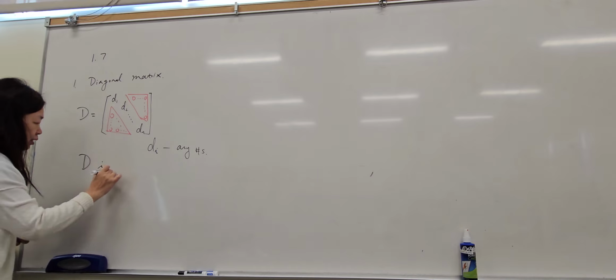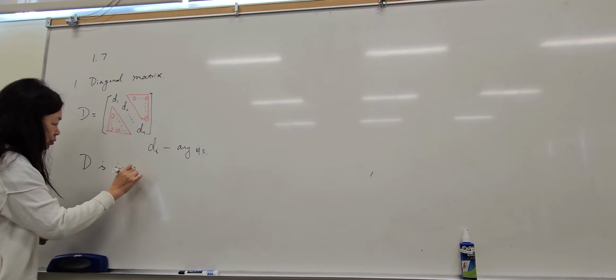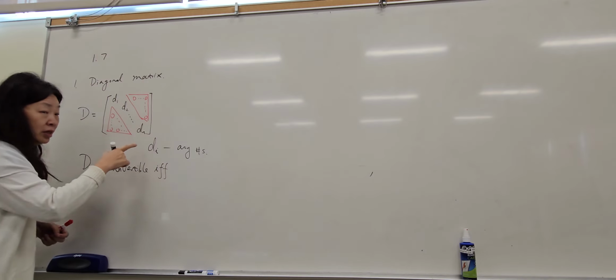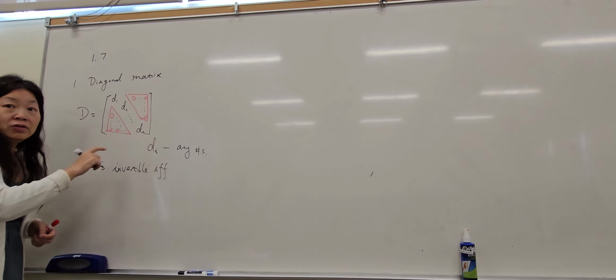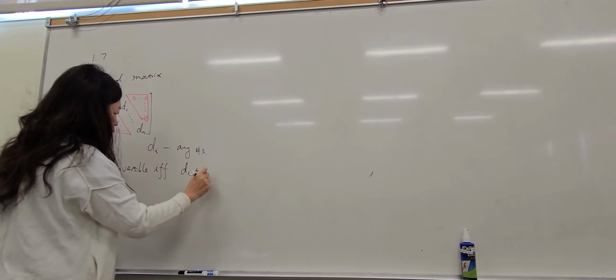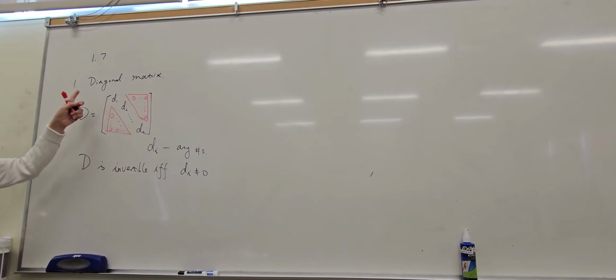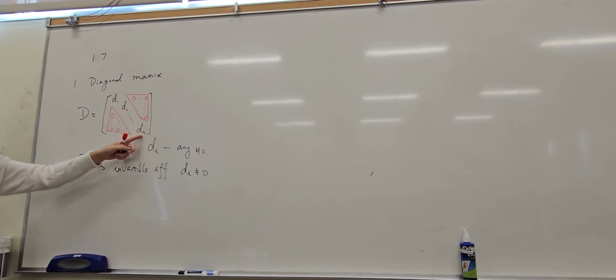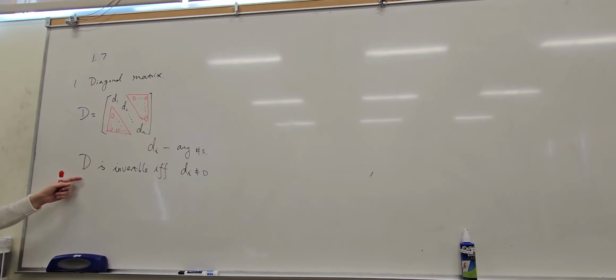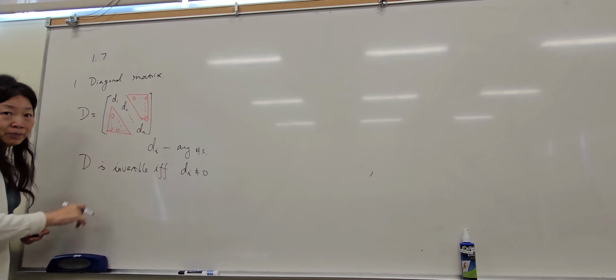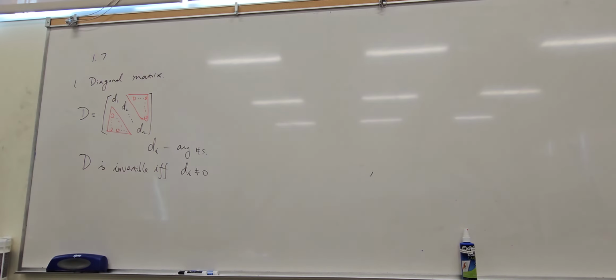D is invertible if and only if none of the D's equals 0. If none of these diagonal numbers are 0, then it's invertible. If any of them is 0, then it's not invertible. You guys follow me here?